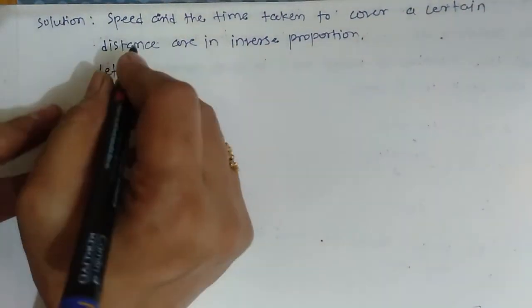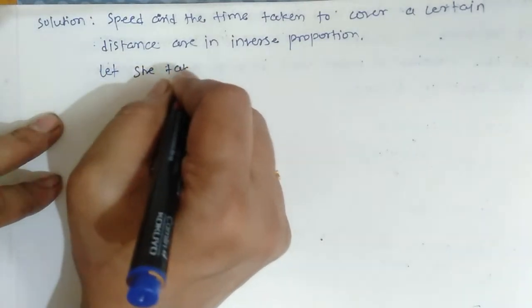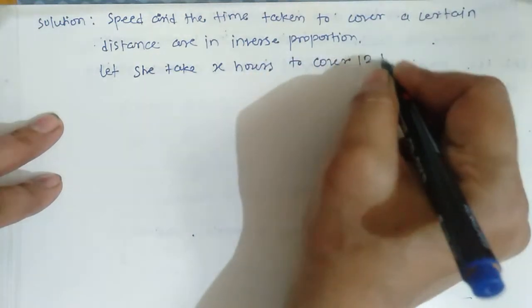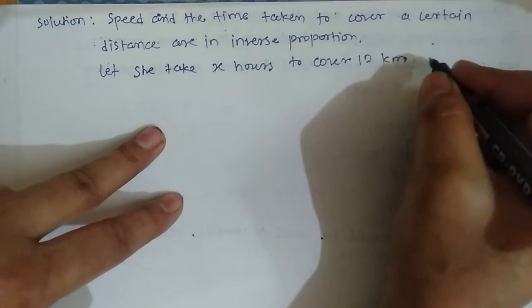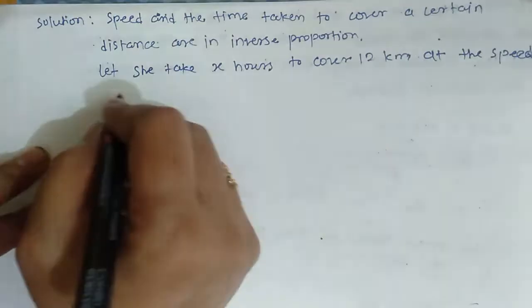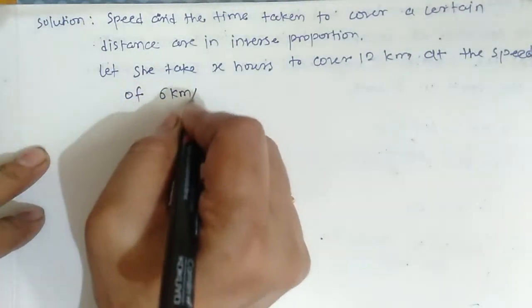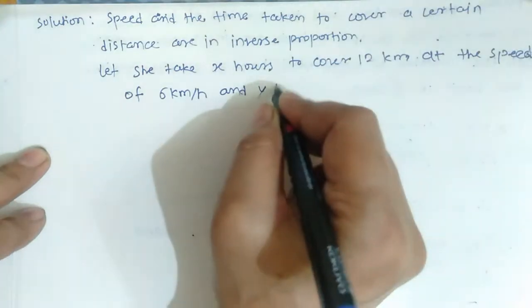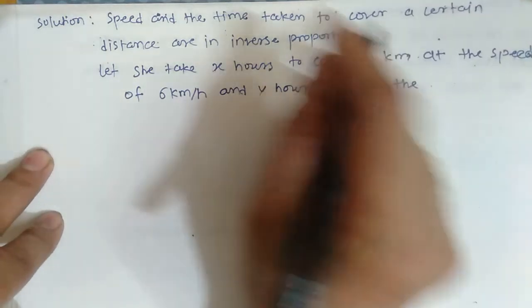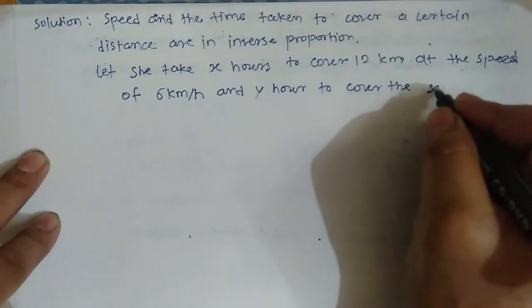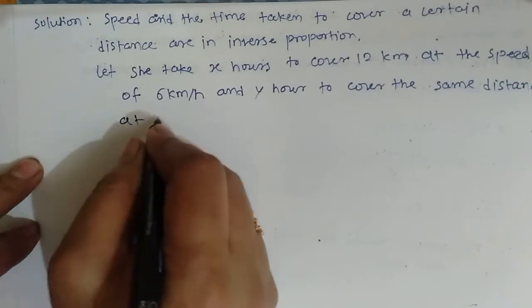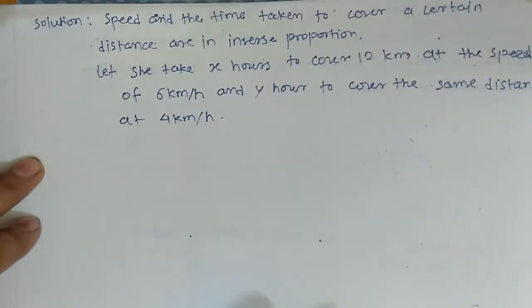So let us assume, let her take x hours to cover 12 km at the speed of 6 km per hour and y hours to cover the same distance at 4 km per hour.